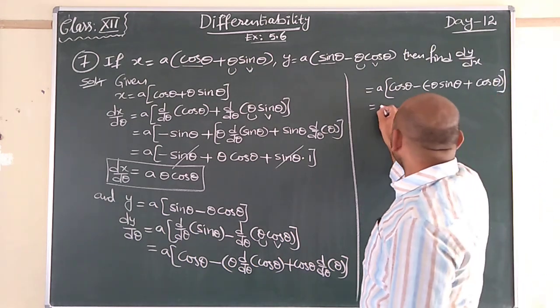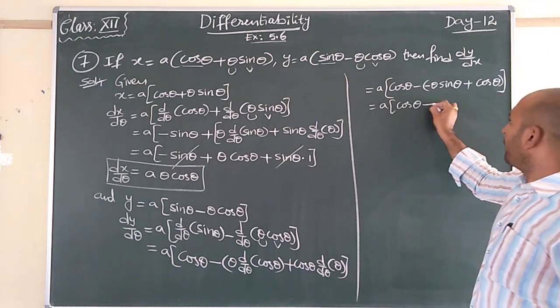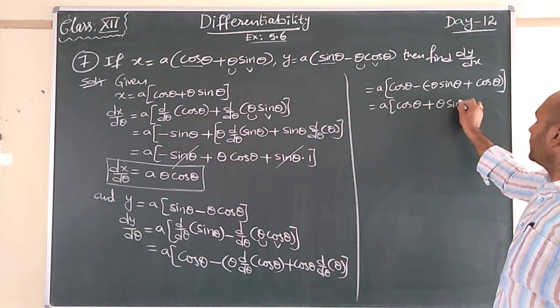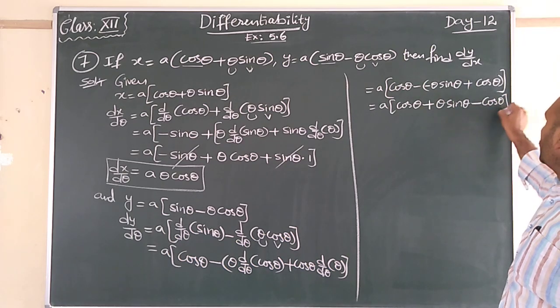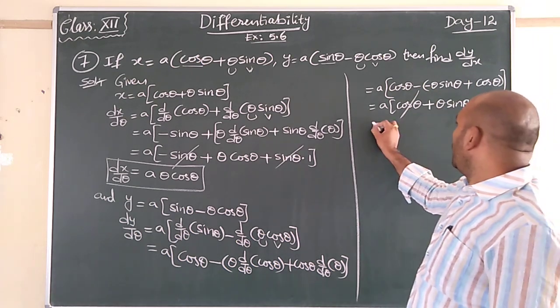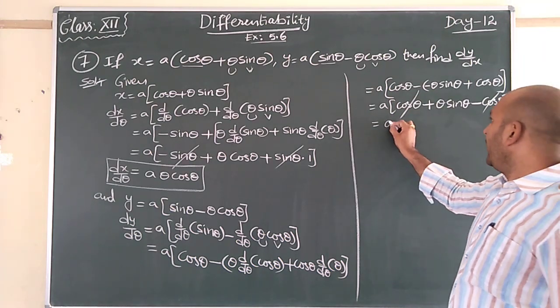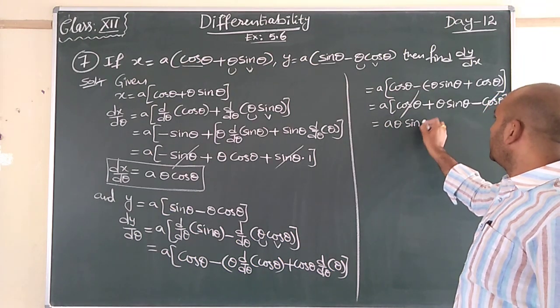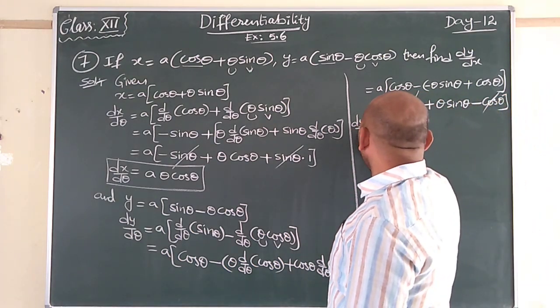So it is equal to a into cos theta plus theta sin theta minus cos theta. Here plus cos theta, here minus cos theta, both cancel. Now the remaining value is a theta sin theta. This is dy by d theta.